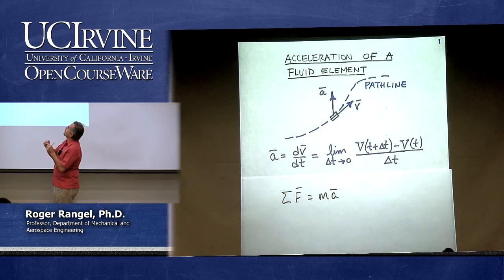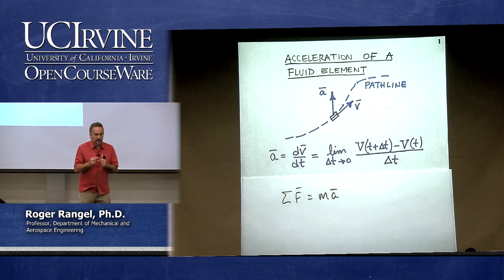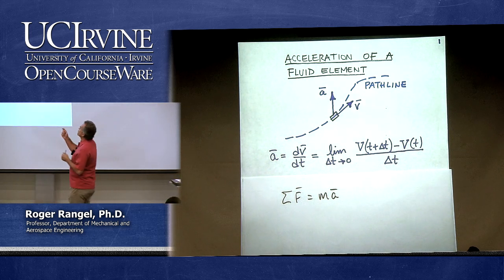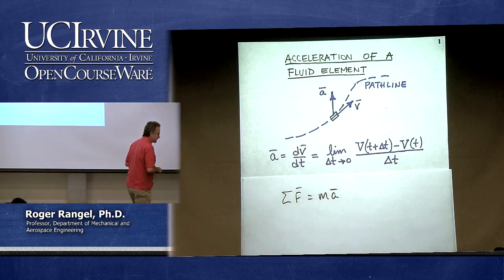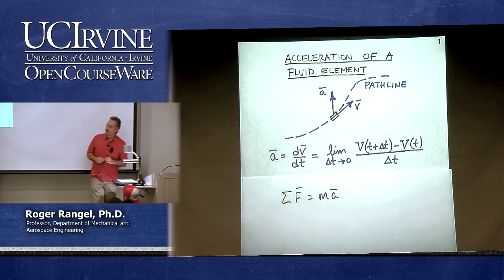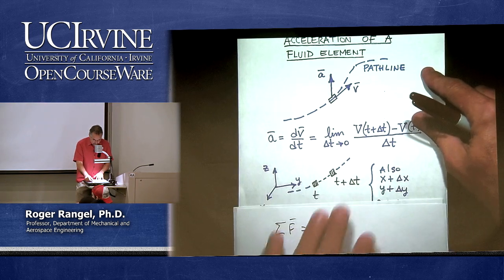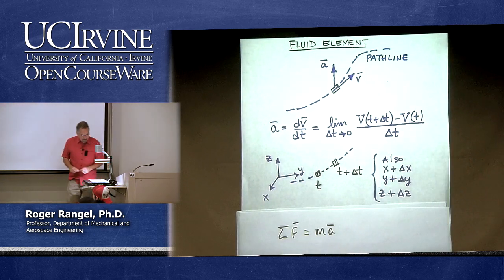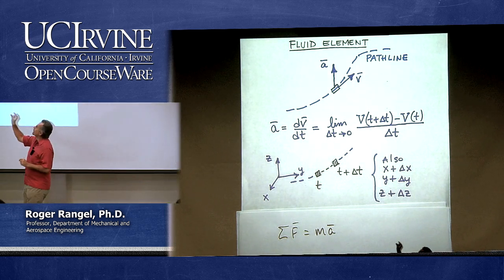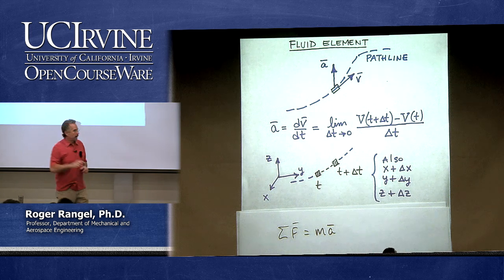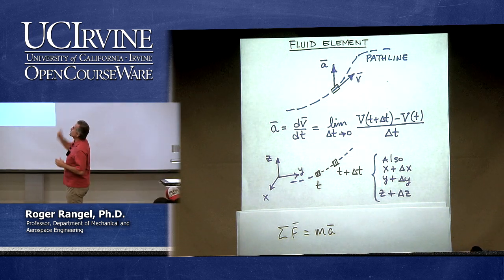You take the velocity at some time later, delta t, subtract from it the velocity at time t, divide by delta t, and take the limit when delta t goes to 0. That gives you the derivative, which is the acceleration. So you would do something like this. There is the same path line. Now I put the particle at two different places. I drew the particle at time t, and I drew the particle at time t plus delta t.